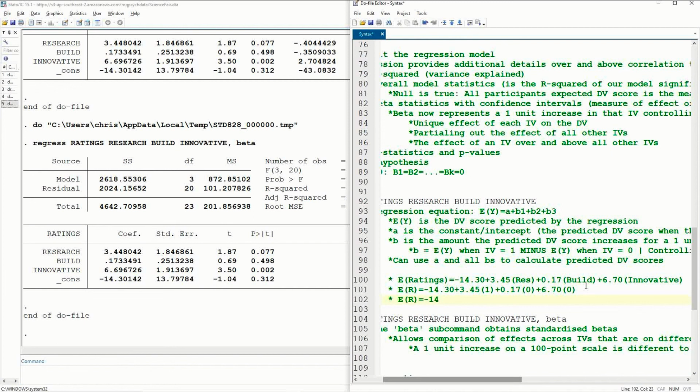Minus 14.30 plus 3.45. And that will give me how much my expected ratings would be for 1 hour of research only.